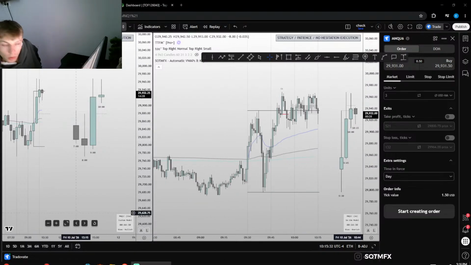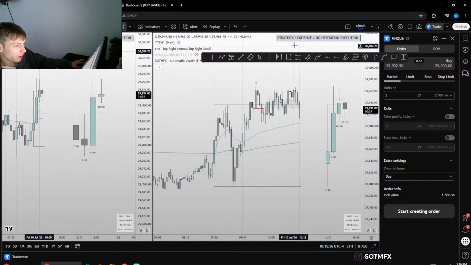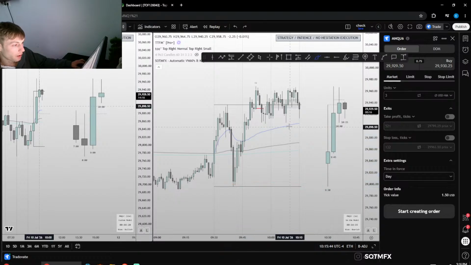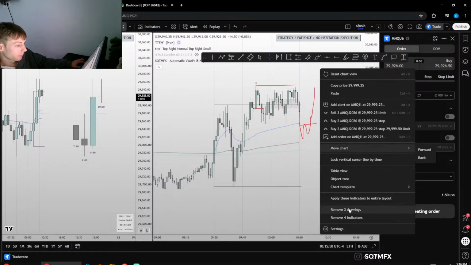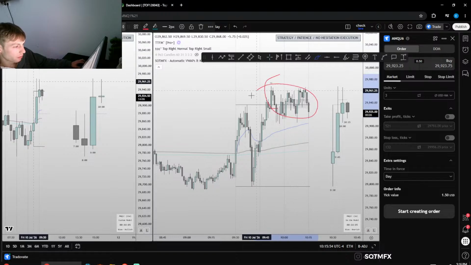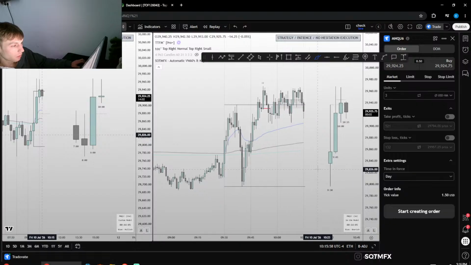All right, so at this point, I'm waiting for price to either close below the New York and continue pushing lower, or I will see if price does create the CISD here and then look to the session high. But price is in the range, so we'll see what side of the range price will break.